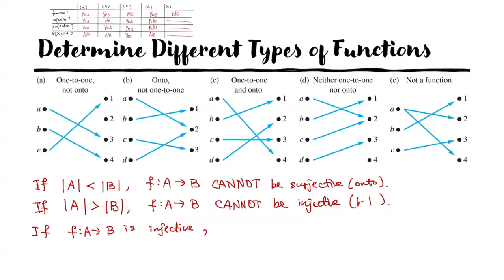So if your function is injective, you need to have enough outputs for every input. This means your output set needs to be at least as large as your input set. Does that make sense? Because for injective, every input needs to go to a unique output. They cannot go to the same output. So you need to have enough outputs for it.